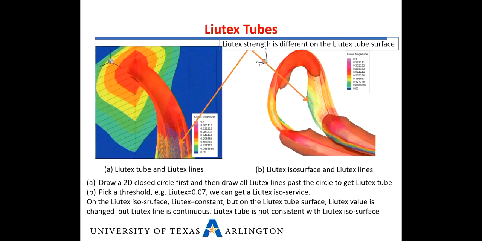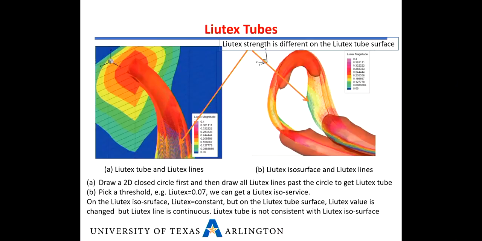And what does he do? He just tries to find the vortex tube, or core line, or something like that. He takes sections, finds a large Nutex, then gets a small circle, then puts the lines.